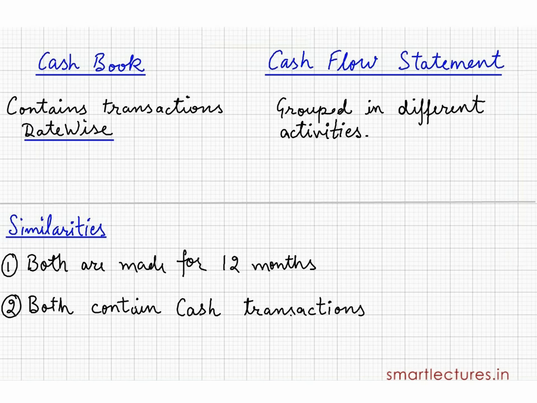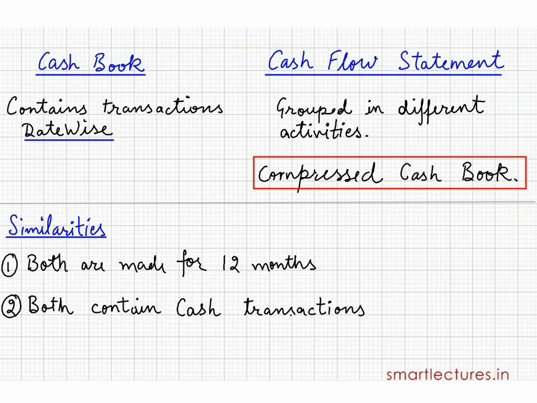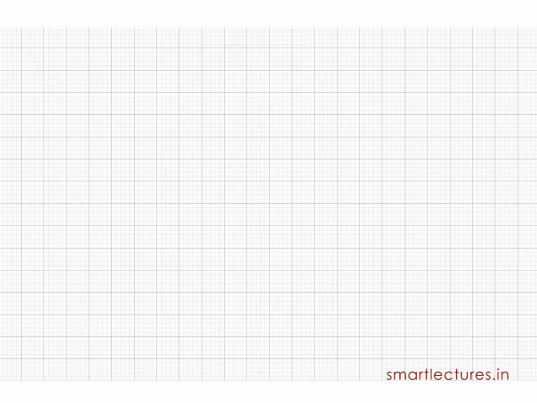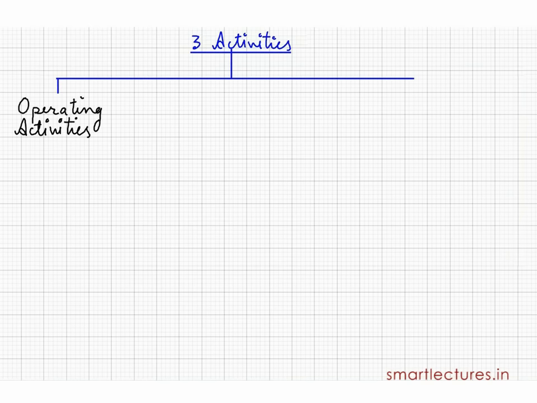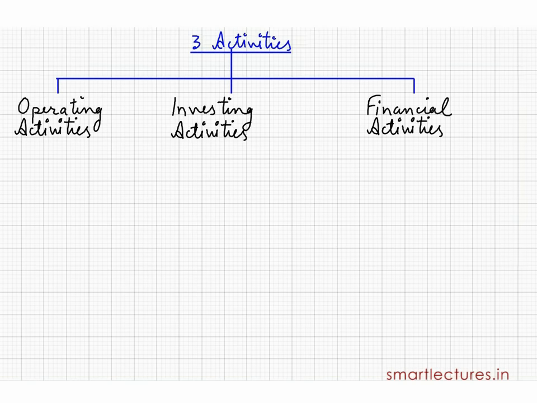Roughly speaking, cash flow statement is the compressed cash book. Recently I told you that in cash flow statement, all the transactions are grouped into three activities. Number one, operating activities. Number two, investing activities. Number three, financial activities.